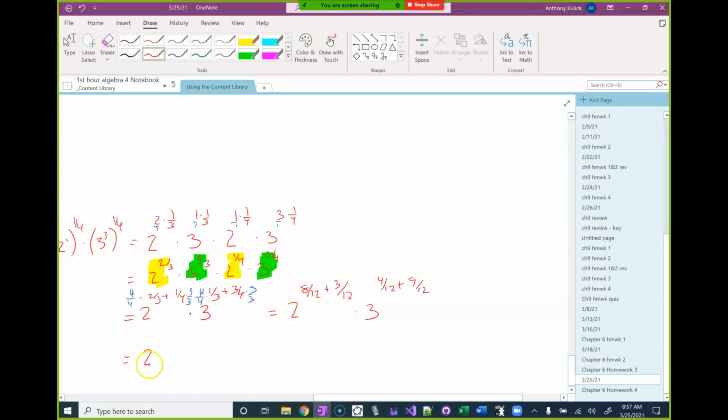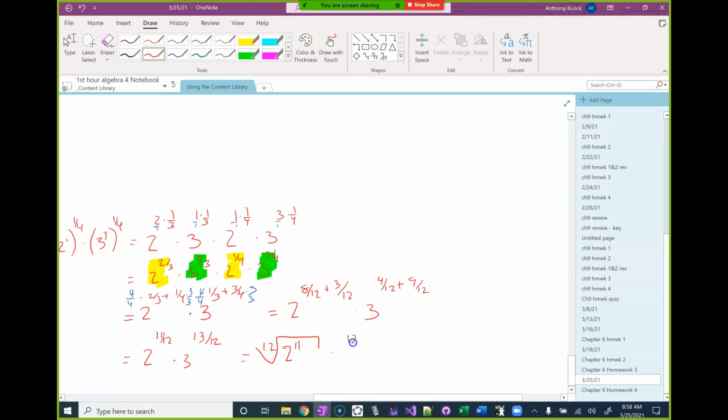And then to convert those back to radicals, I have the 12th root of 2 to the 11th times the 12th root of 3 to the 13. But I noticed that 13 is bigger than 12, right?